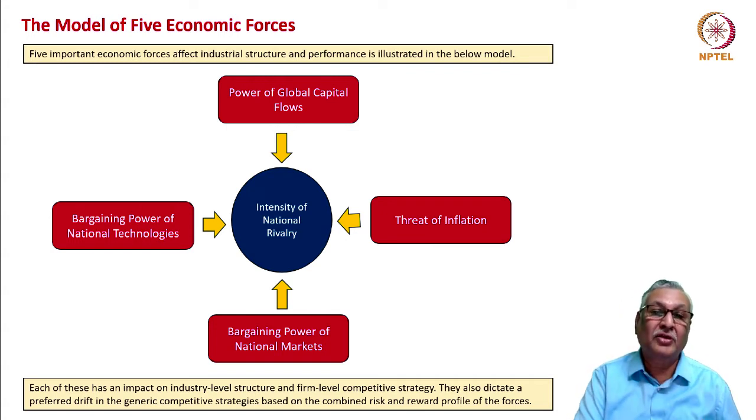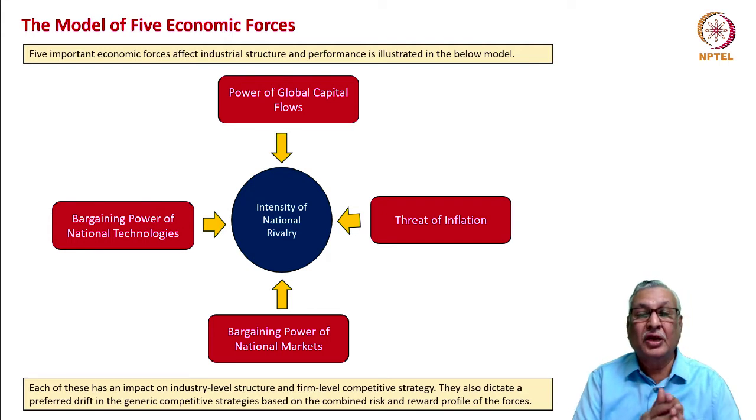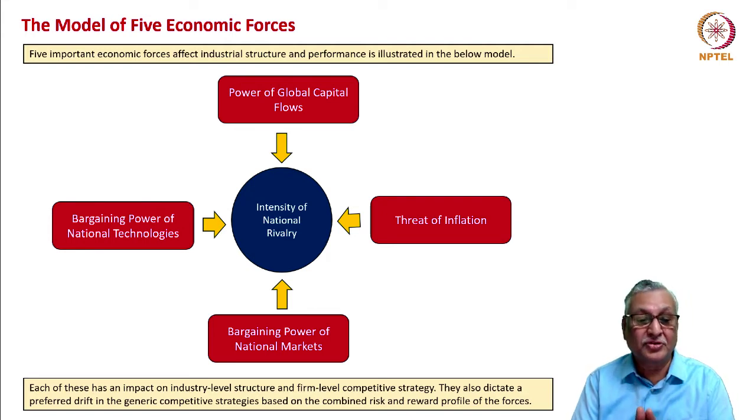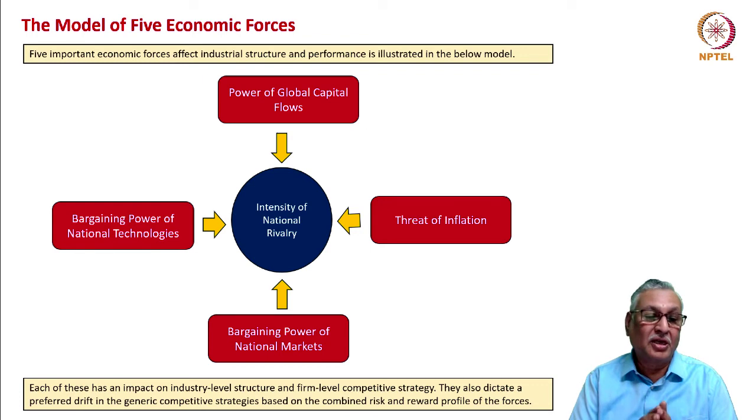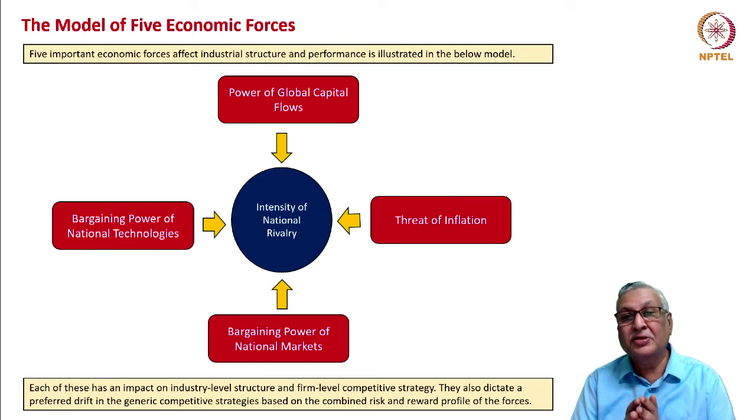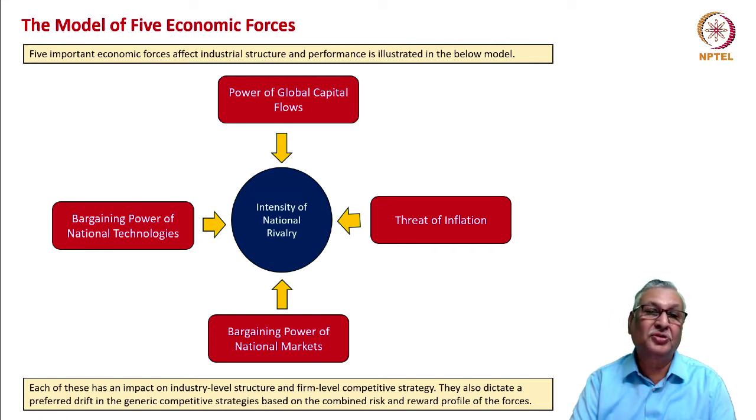Just as we have 5 industrial forces, we have 5 economic forces. Each of these has an impact on industry level structure and firm level competitive strategy. They also dictate a preferred drift in the generic competitive strategies based on the combined risk and reward profile of the forces. This is a contribution I am making to the theory of competitive strategy with an economic framework.